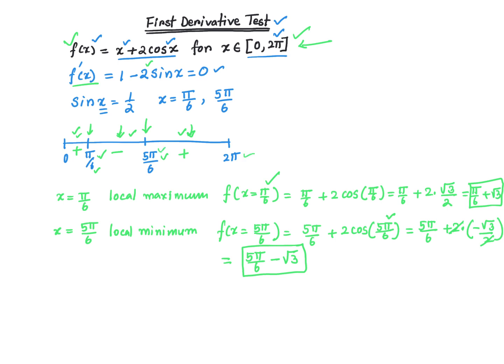We pick a point in each of these intervals, plug that value into the derivative, and look at the sign. In the leftmost one we found positive, the middle one negative, and the right one positive. Then we apply the first derivative test to find the local maximum or minimum based on the signs of the derivatives on either side of the critical points.